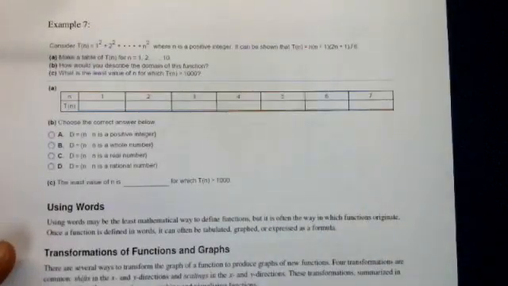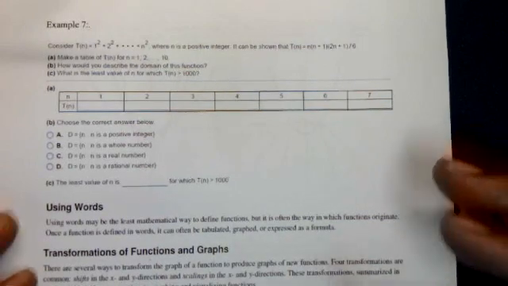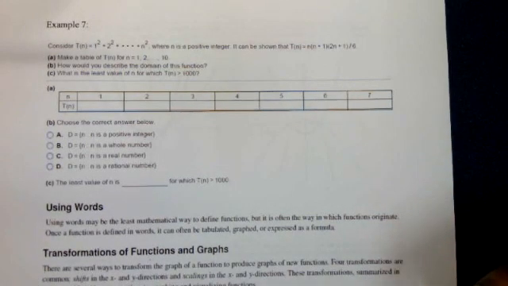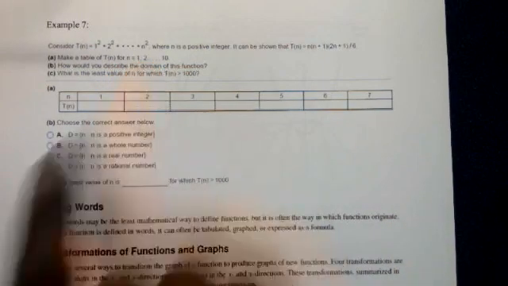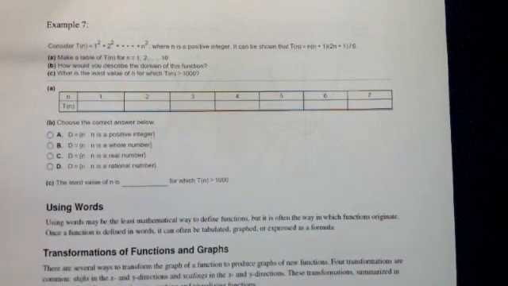Okay. Now, let's say we have this example. We want to consider T of n equal to 1 squared plus 2 squared plus, and so on, all the way up to plus n squared, where n is a positive integer, which can be shown that T of n is equal to n times n plus 1 times 2n plus 1, all divided by 6.